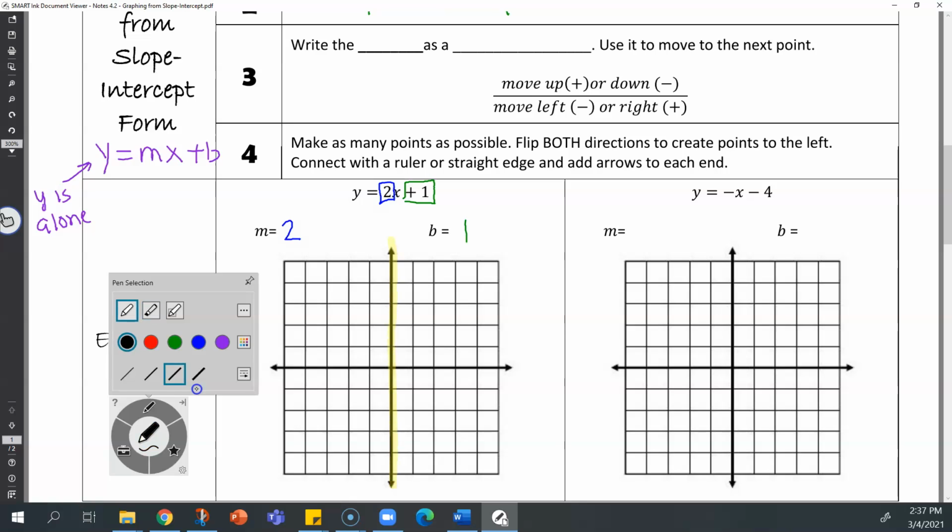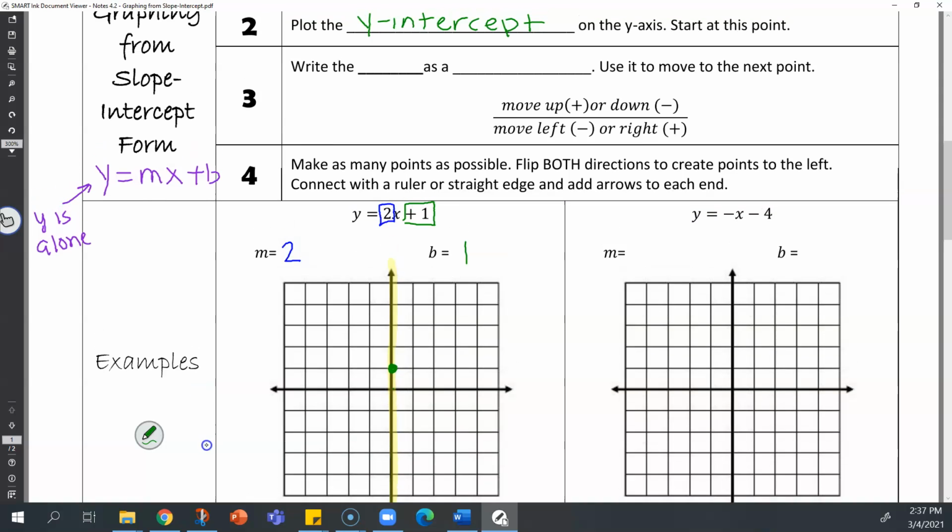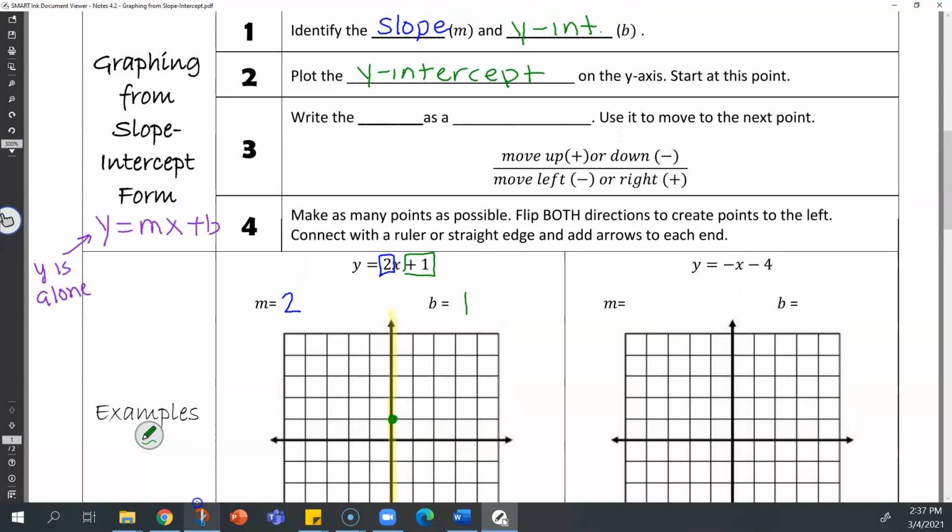If my y-intercept is at positive 1, I'm going to start from the middle and go up 1 on that axis. So the first thing I'm going to do is plot that point based on whatever my y-intercept is. This was a positive 1, so I went up 1 on the y-axis. This is going to be your starting point.